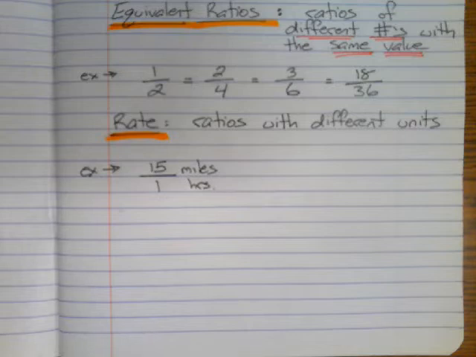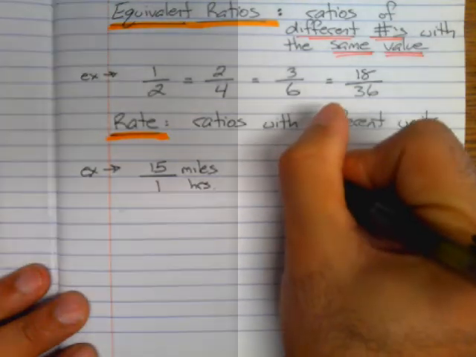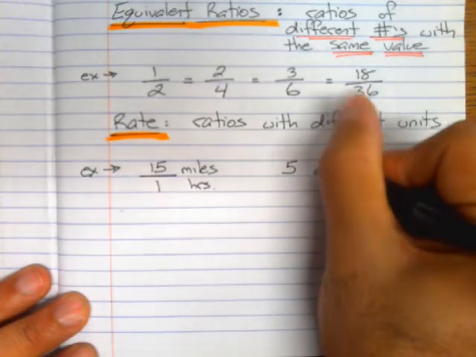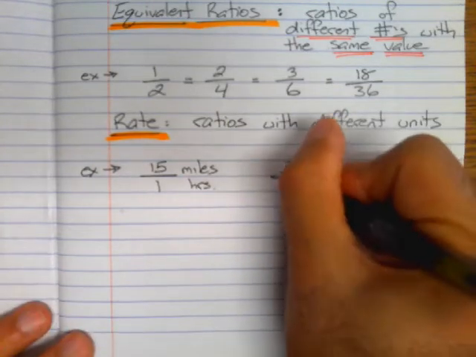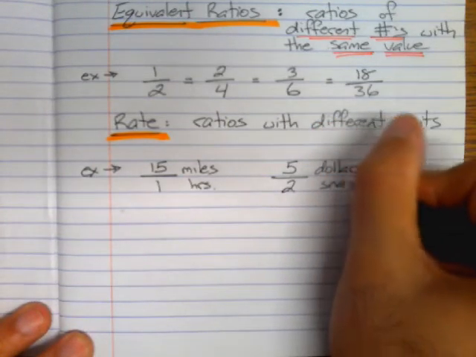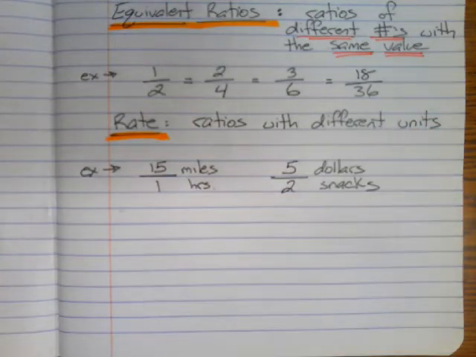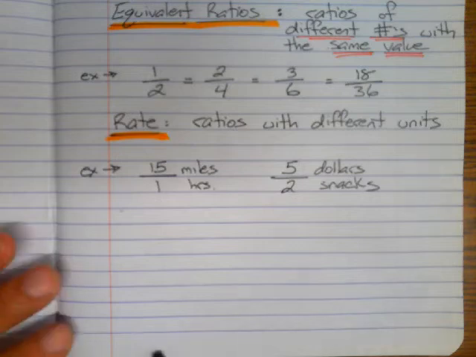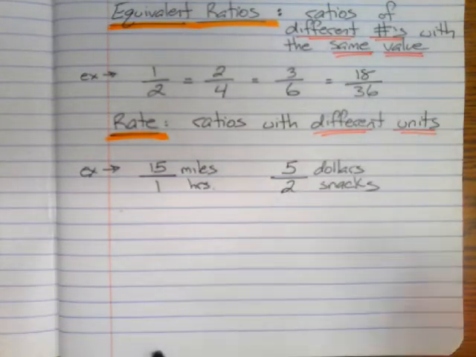I'm sure you've heard about that before. That's nothing more than a rate. Or another example would be maybe it costs you $5 to purchase 2 snacks. That's another rate. So they need to have different units. Ratios with different units.